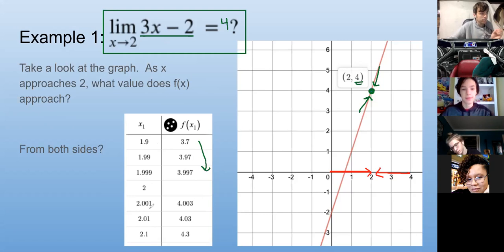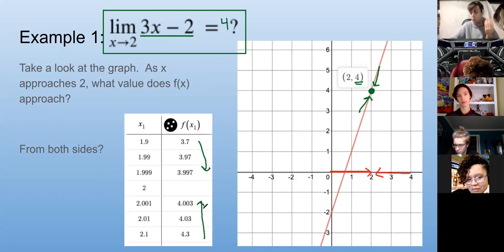And then here, we're getting closer and closer from the right. So we have 2.1, 2.01, 2.001. We're getting closer and closer to 2. And we can see how these numbers are getting closer and closer to 4, which we know is our limit. So obviously, our limit ends up being 4.